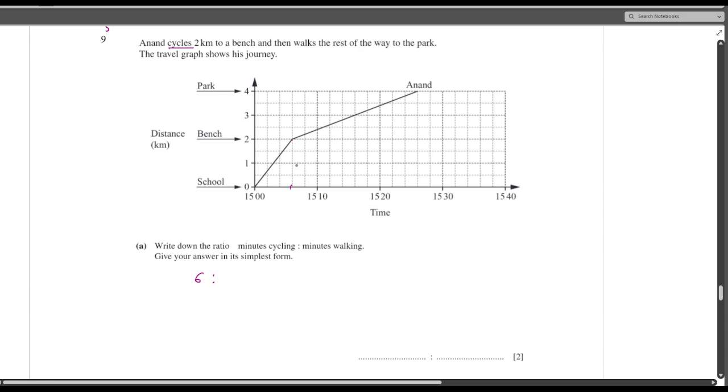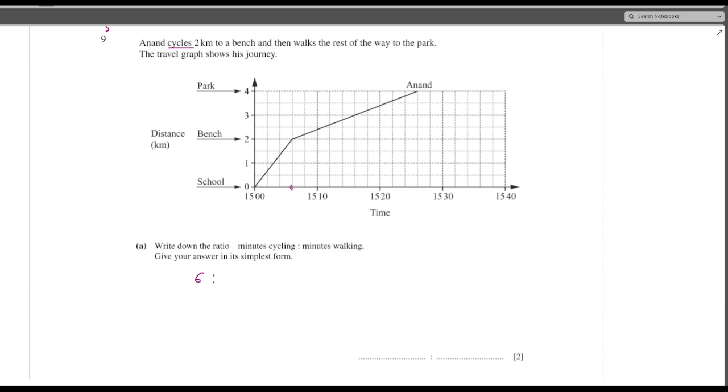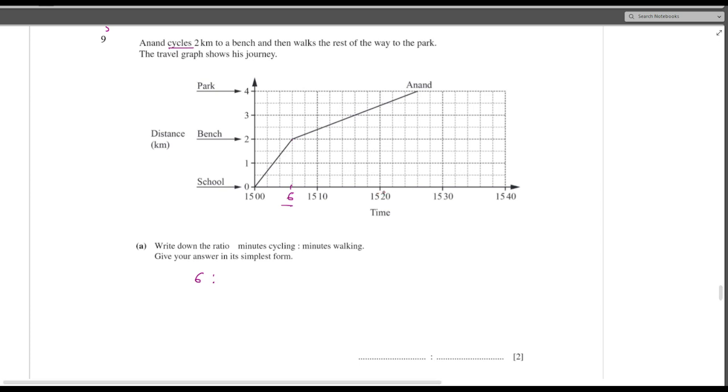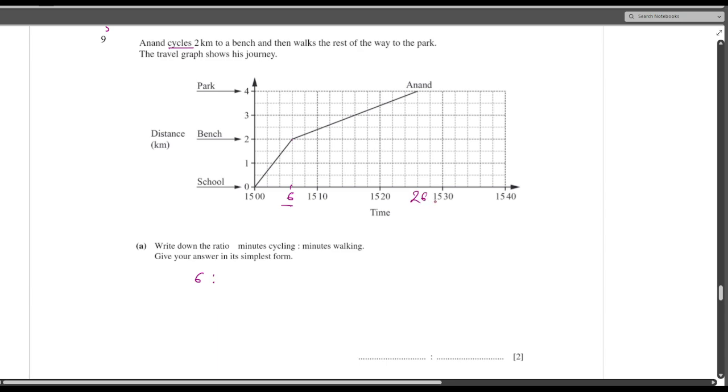Okay, then he is walking. From 15:06 to 15:20, then 22, 24, 26.